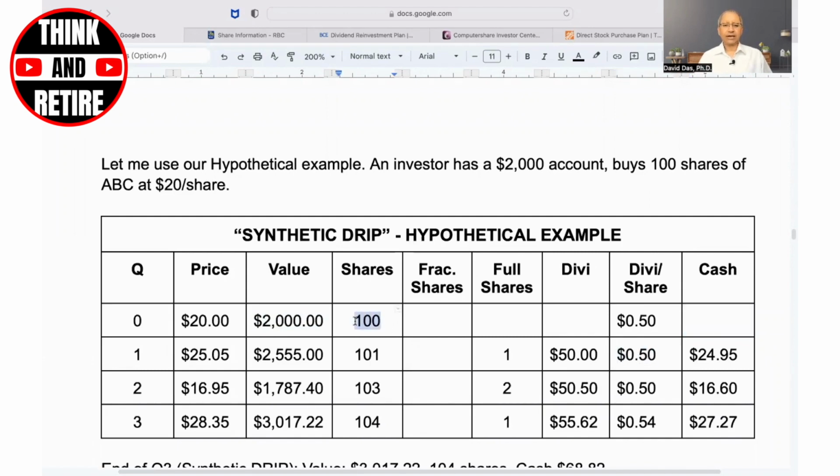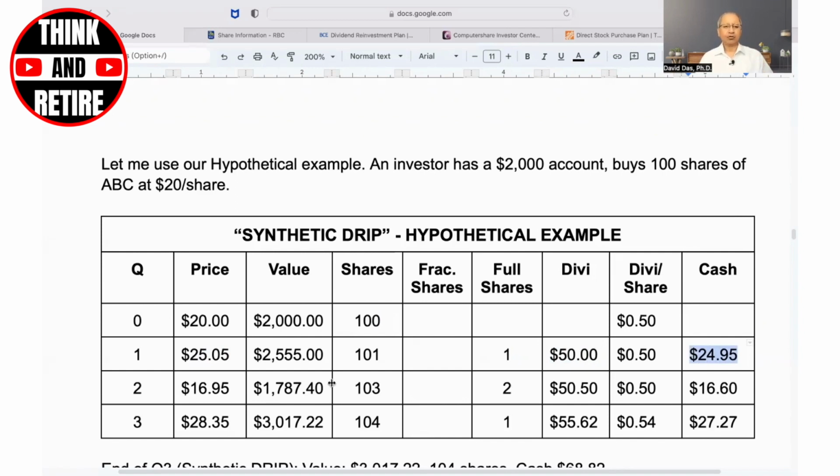Because the investor has 100 shares, the dividend will be $50. The price of the share has increased to $25.05, and that can only allow you to buy 1 share out of this $50 dividend. So that's 1 share, and the remaining $24.95 is deposited as cash.